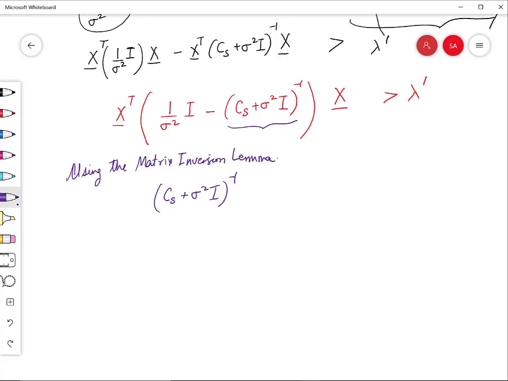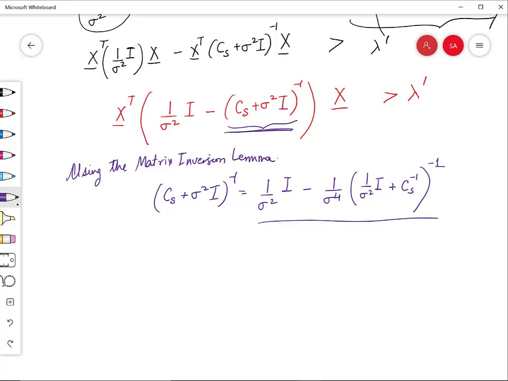Cs plus sigma square I inverse, I can write it as equal to 1 over sigma square times I minus 1 over sigma power 4 times 1 over sigma square I plus Cs inverse. So I can replace this particular entity by this quantity here.